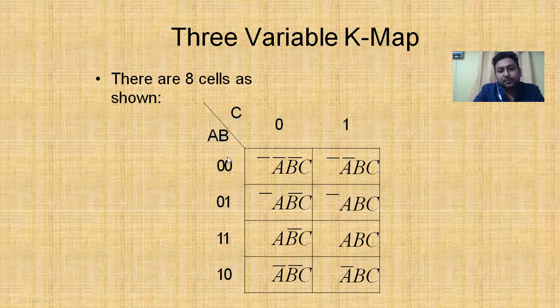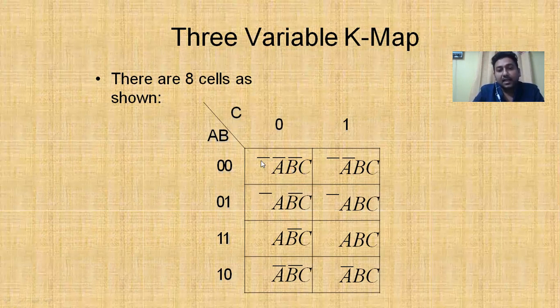Row wise we have the AB values 0 0, 0 1, 1 1, 1 0, and C is equal to 0 and 1. Considering from this side, AB 0 0 and C 0, that is ABC 0 0 0, means the decimal value for this cell is 0.